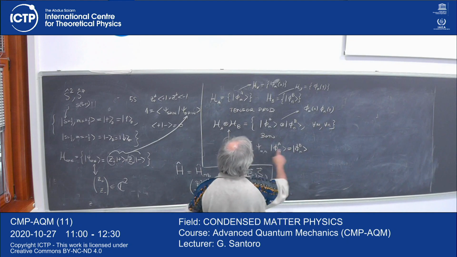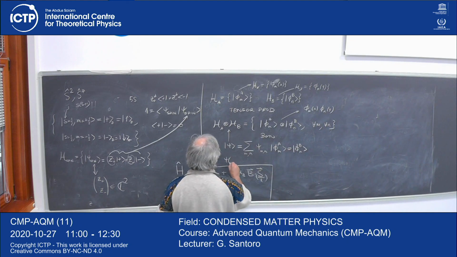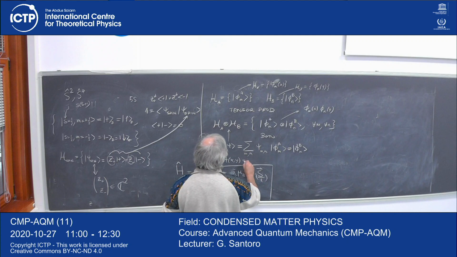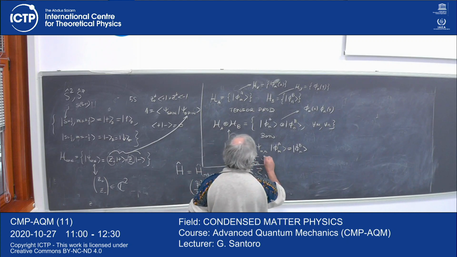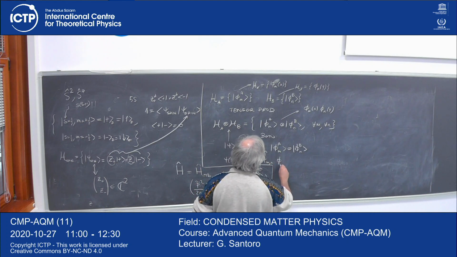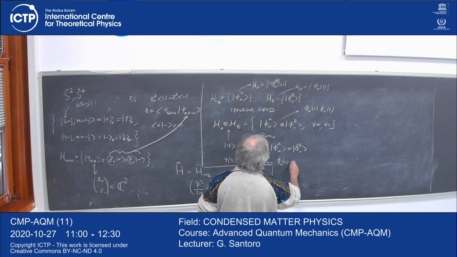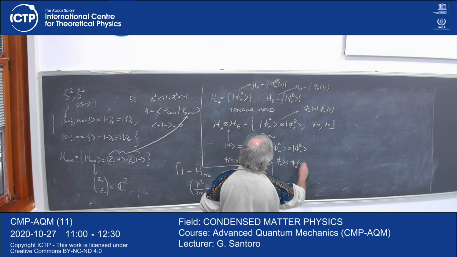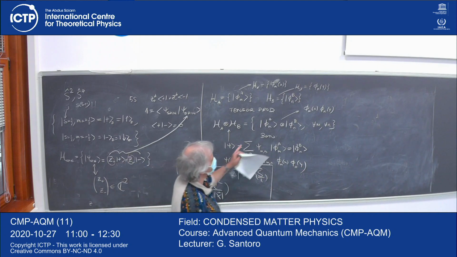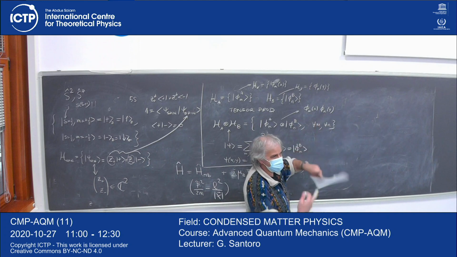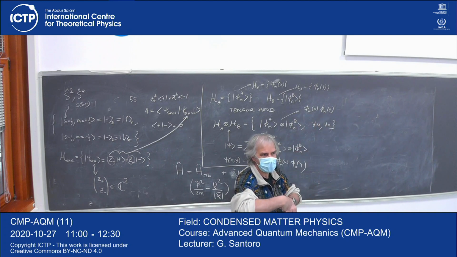What is this object here? It's a function of x and y, which I write as the sum over m and n of psi m n, then phi m of x, phi n of y. Now, let me ask you something. The elements of the basis are evidently factorized in the two directions.